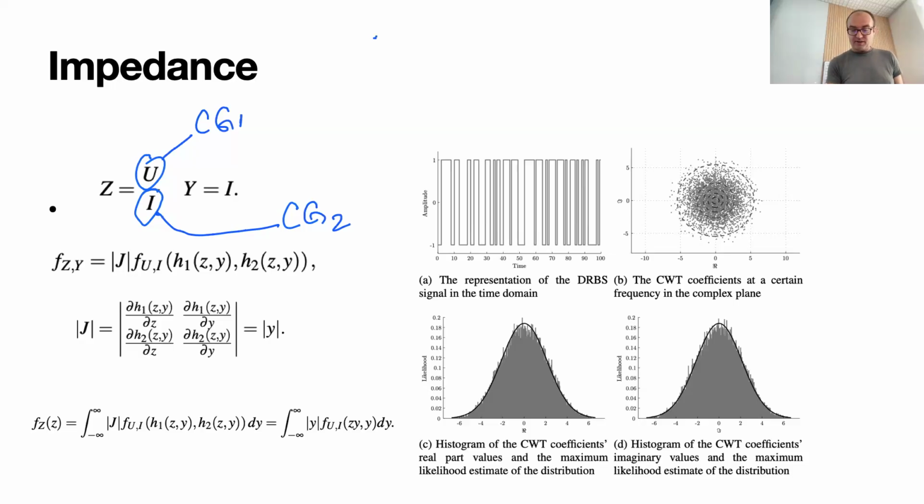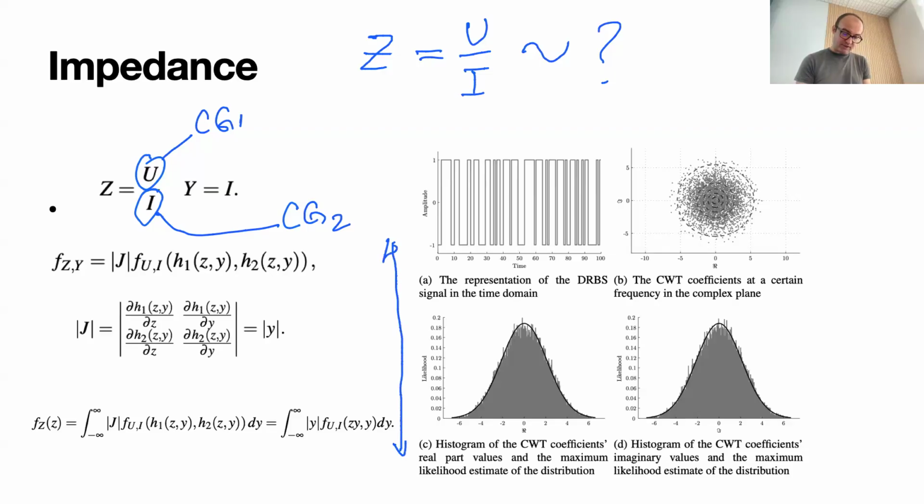So we have a random variable now, Z, which is our impedance. That is U divided by I. And our question is, what is this Z distributed according to? And what is derived here, I'm not going into details, is something that in statistics is called change of variables.